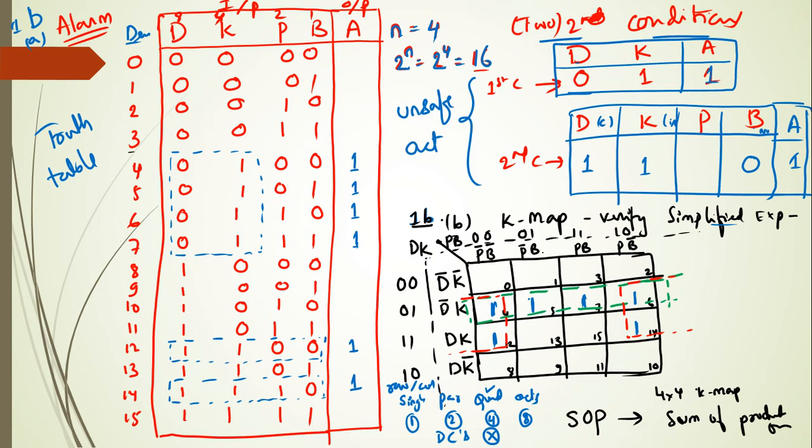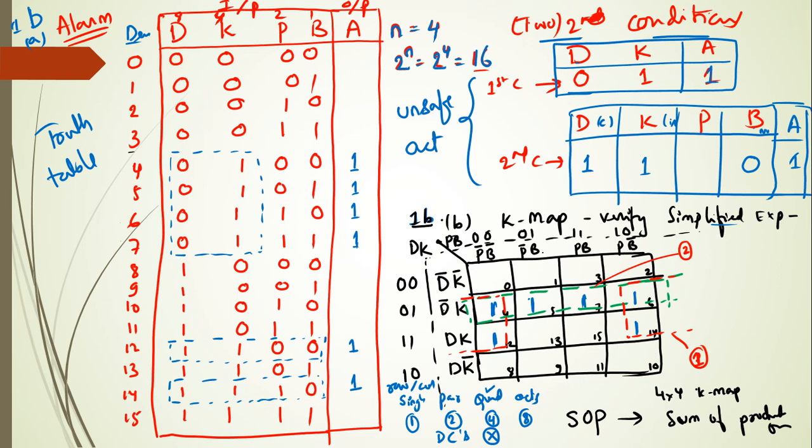Now if you take this as group 1 and this as group 2, then we have to write the simplified expression for this. What is that expression?